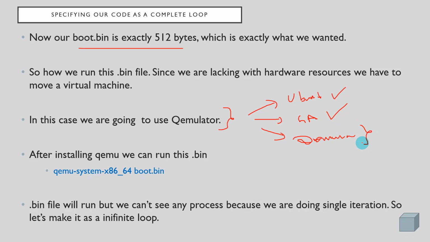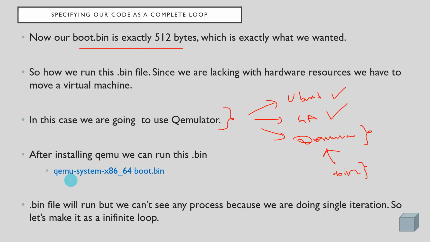Now we are going to use qemu-utils, which basically runs our binary file. Because we don't have a specific machine to run our bootloader, we need to use a virtual machine. This is where qemu-utils comes in.